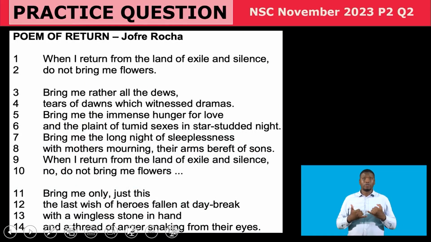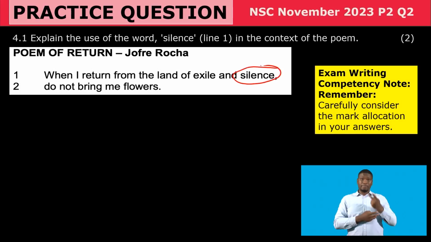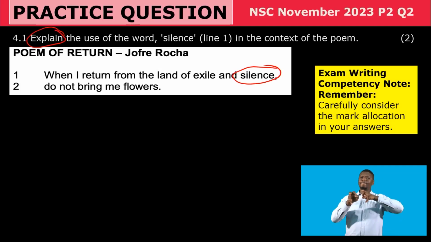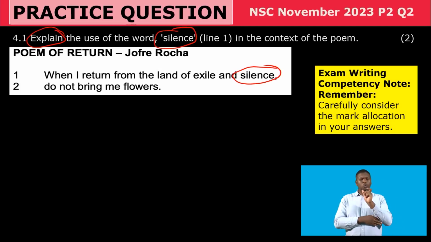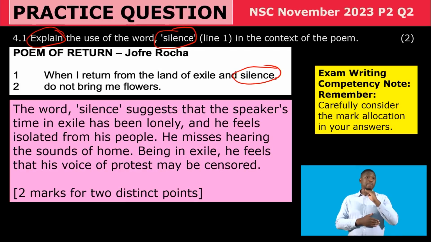Now, let's look at our next poem, the Poem of Return by Geoffrey Rocha. Explain the use of the word silence in line 1 in the context of the poem. So it's asking us to explain. Once again, we need to provide some details as to why the word silence is being used. The word silence suggests that the speaker's time in exile has been lonely.